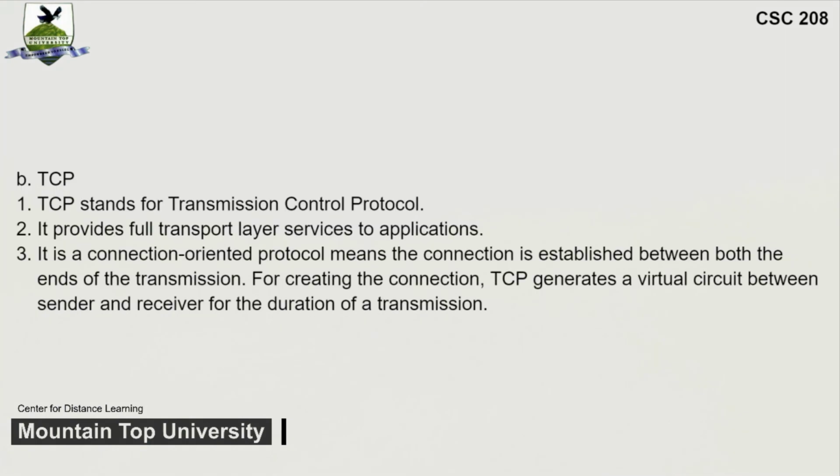B. TCP. 1. TCP stands for Transmission Control Protocol. 2. It provides full transport layer services to applications. 3. It is a connection-oriented protocol, which means the connection is established between both the ends of the transmission. For creating the connection, TCP generates a virtual circuit between sender and receiver for the duration of a transmission.